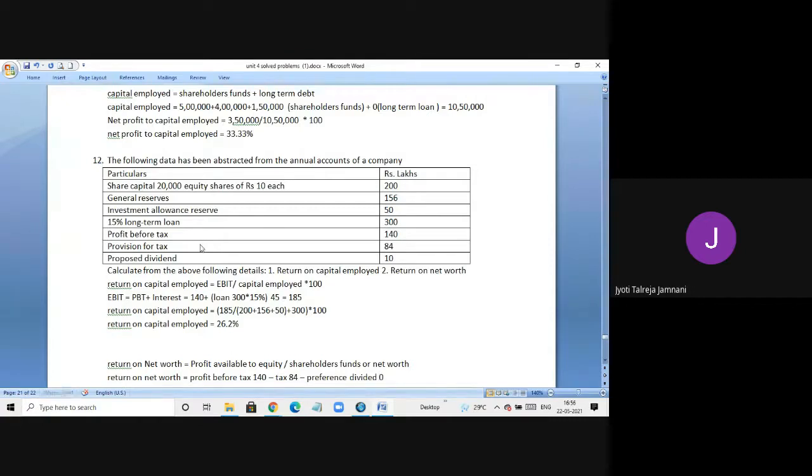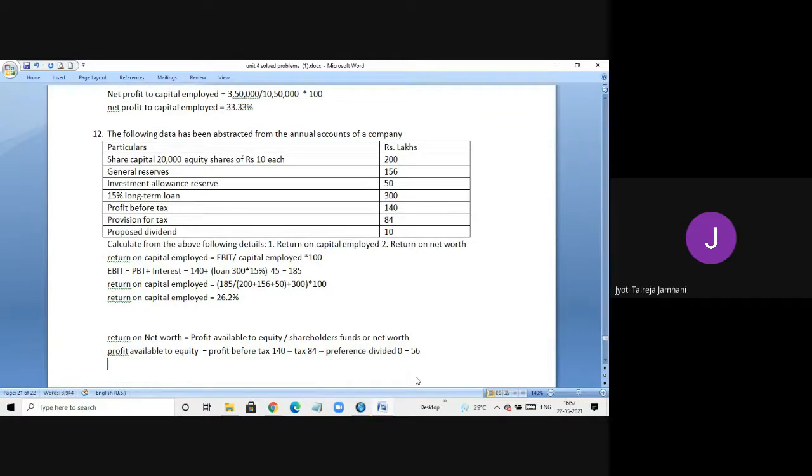So this is 0. So whatever is the profit before tax, from that I minus tax and minus preference dividend. So 140 minus 84 minus 0, I get 56. So this is the return of equity shareholders.